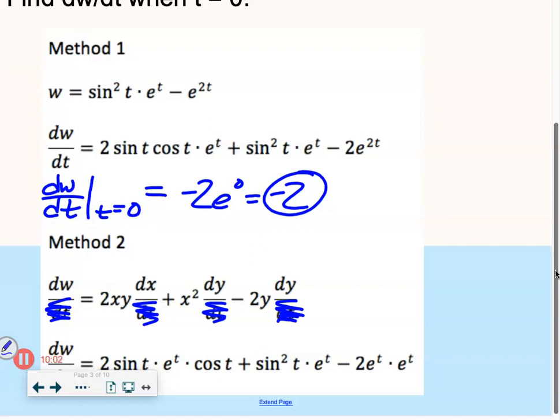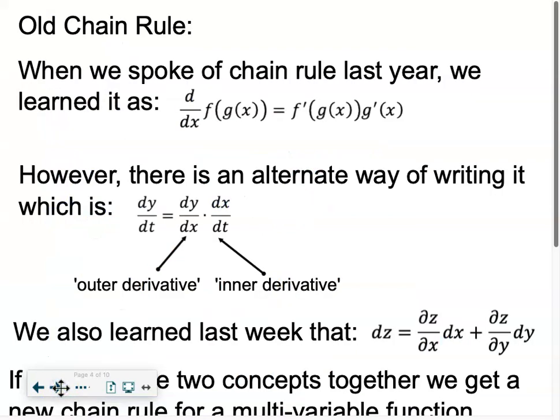So partial x times dx plus partial y times dy. So you end up with the same thing. But anyway, that's gonna be what we're getting into today. All right, so you don't have to write this whole page down. I'll show you what to write at the end. This is me kind of just leading you into chain rule.